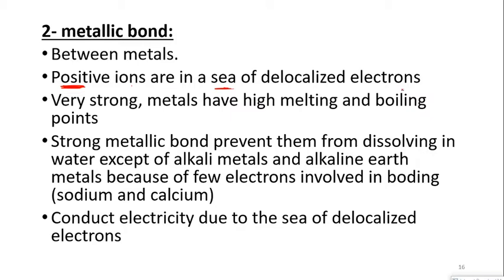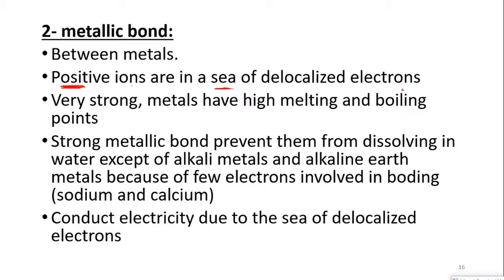Also, we know that the metallic bond is very strong, which prevents them from dissolving in water, except for alkali metals or alkaline earth metals, because they have only few electrons. Example for that, if I have something like sodium, I have only one electron that is free to move, forming the delocalized electrons for each atom.